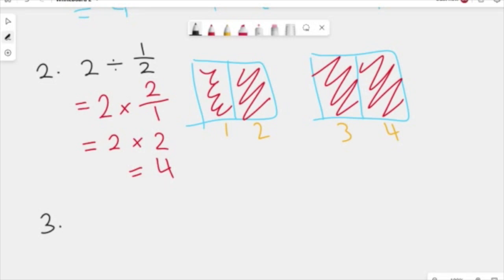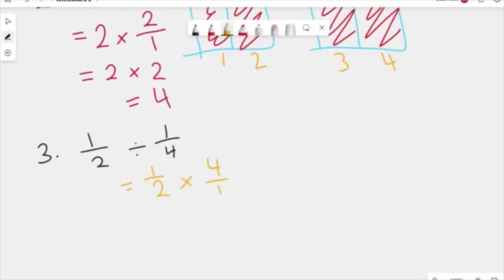It's not too bad. Now, if I did, okay, half divided by a quarter, well, this is the same as just writing half multiplied by 4 over 1.